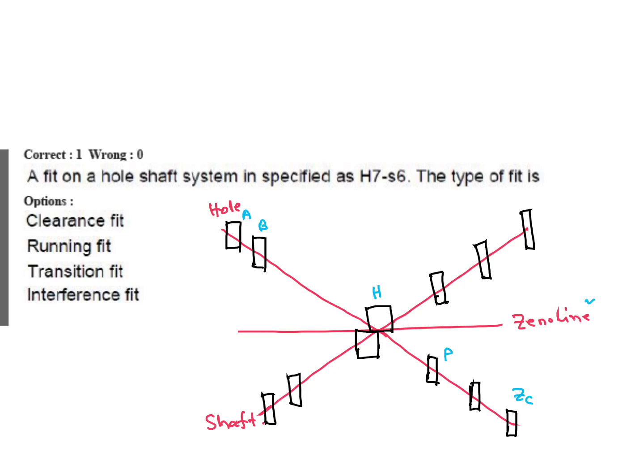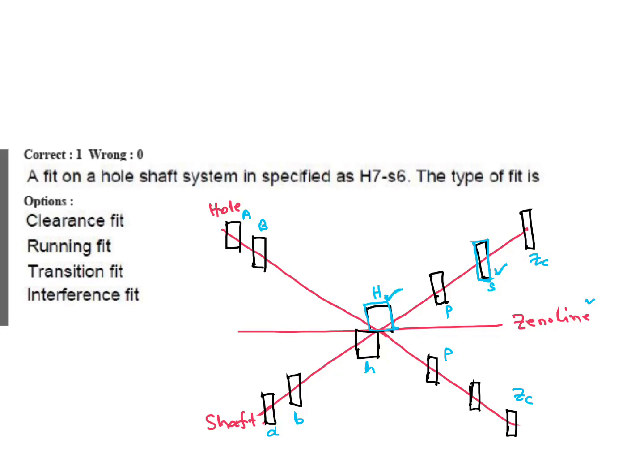And for shaft, small letters a, b, here h, small p, small s, then zc. So here capital H is here, then s6 here. So this represents hole, this represents shaft.